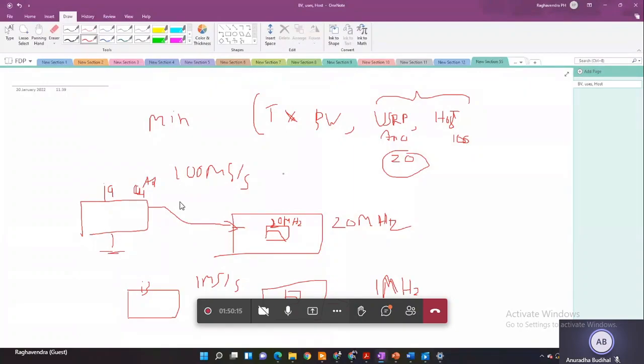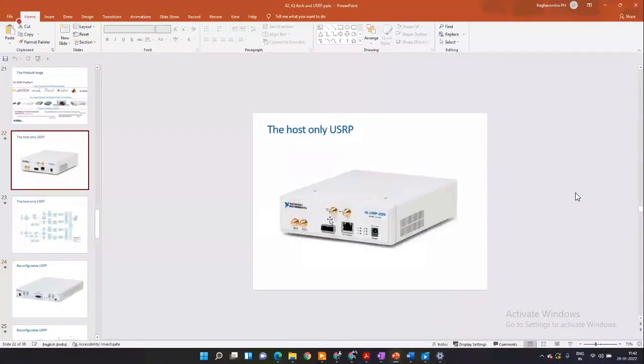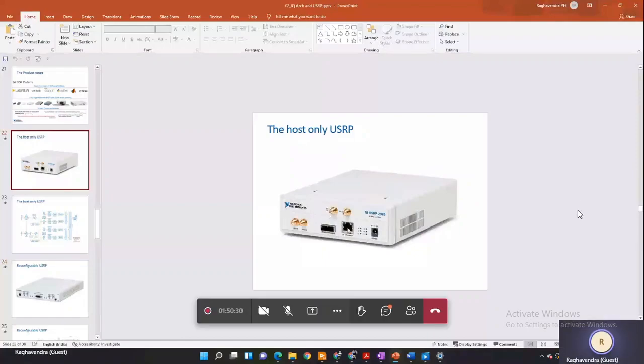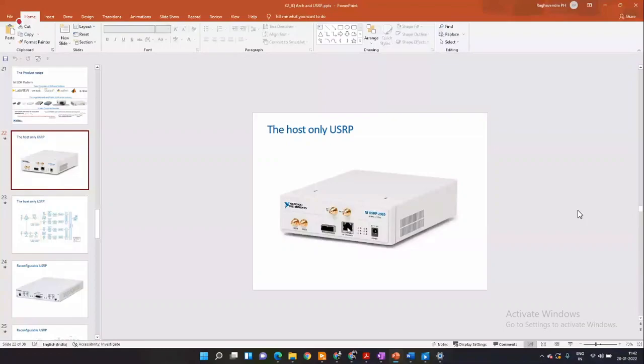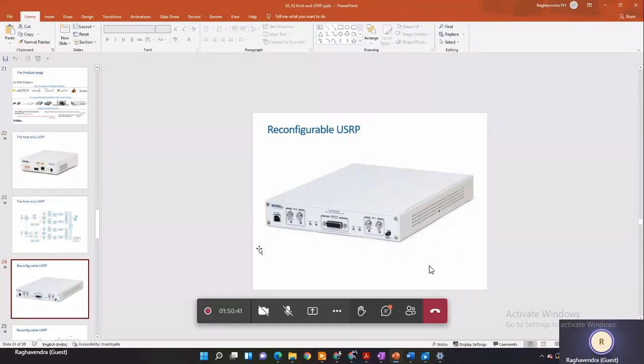Yes, that depends. If your USRP is a Rio, then it has a PCIe port. One second, let me see if that slide is there. It's not in this, it's at the back. If it is a USRP like this with an Ethernet port, then the communication from host to USRP, transmission and reception, will happen through Ethernet. If it is a Rio device, then usually we use a PCIe cable. It depends on what type of USRP you have.